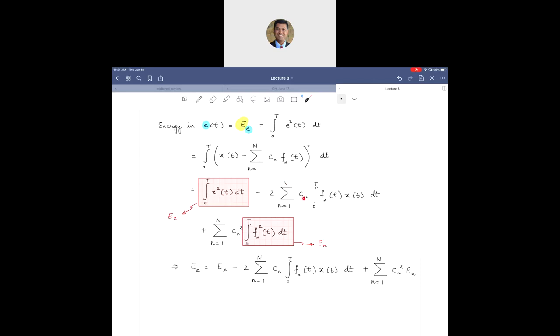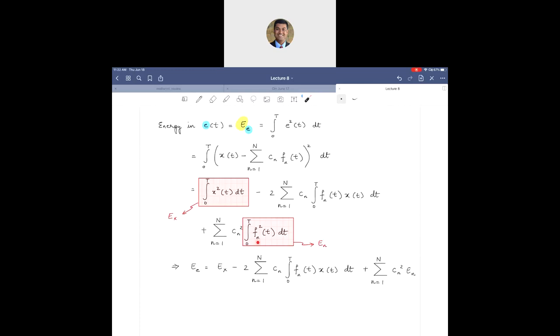So Cn is inside the integration. You can bring it inside the summation because the integration is with respect to t. Inside the summation, you will have f sub n of t and x of t dt. And the last term over here will be the square of the second term inside that parentheses, which is going to be plus summation remains as is. You have the square of the coefficients Cn squared, and also the integration over fn squared of t.